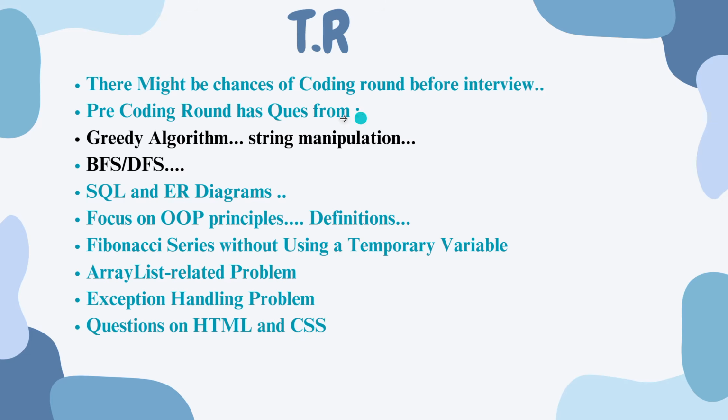Pre-coding questions have these types of topics. Greedy algorithms, many questions are from greedy algorithms, string manipulations and BFS, DFS, like insertion of a node in a binary search tree. Okay, and deletion of nodes.